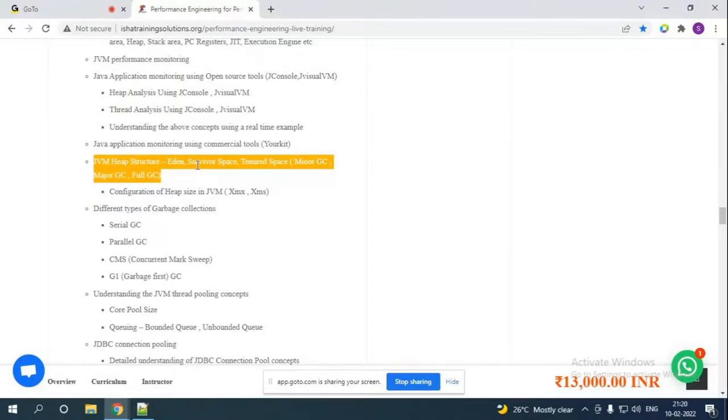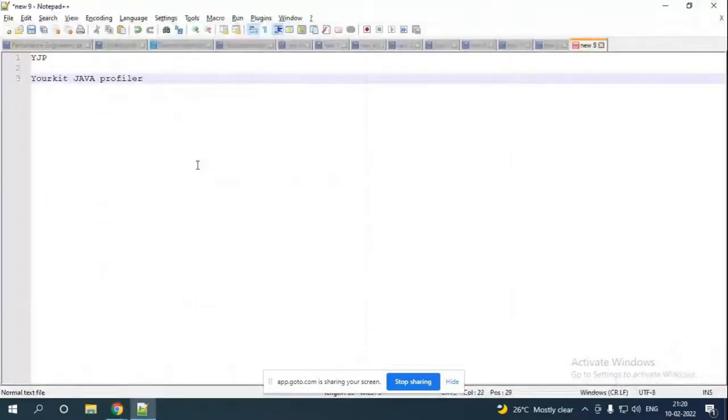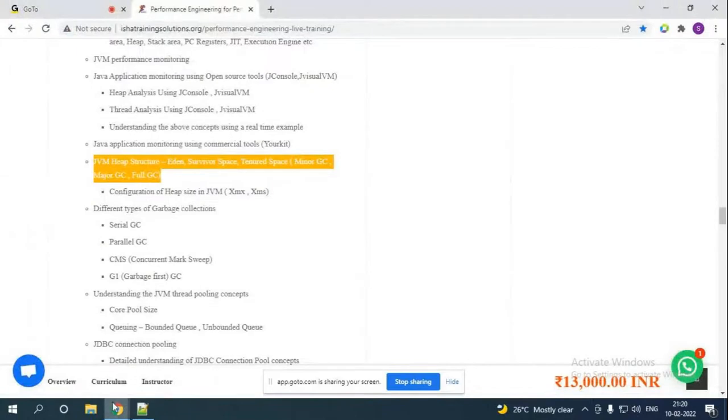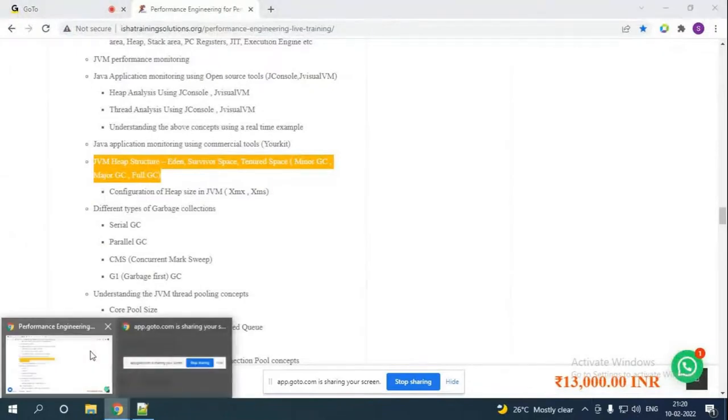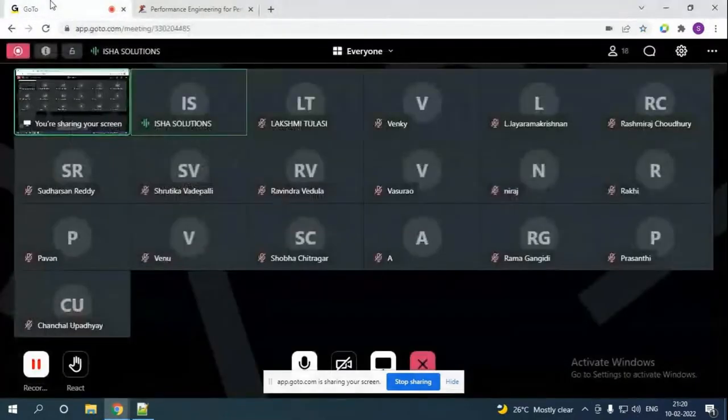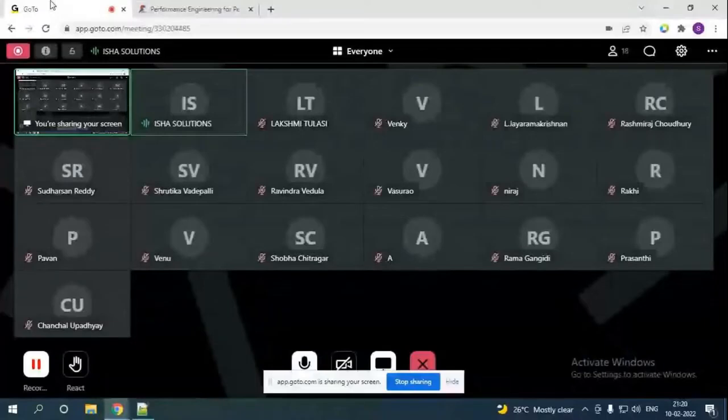What is the time taken to complete your minor GC, what is the time taken to complete your major GC? We are going to think about the interview point of view, like how to answer or approach the garbage collection concept. That is also we are going to learn with respect to garbage collection, guys.